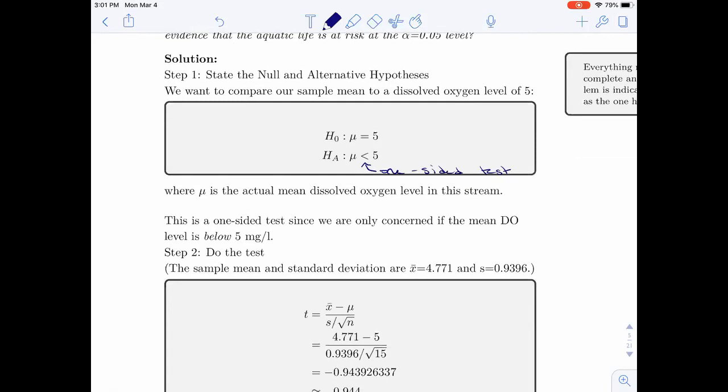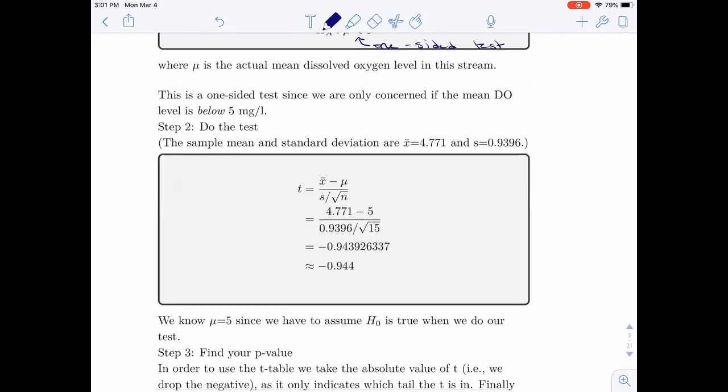Second step, do the test. Right here, we're going to calculate our t. It's going to be a t because in reading the question, we know our mean and our standard deviation came from our sample, and so we have a sigma unknown situation, and that's what makes it a t.